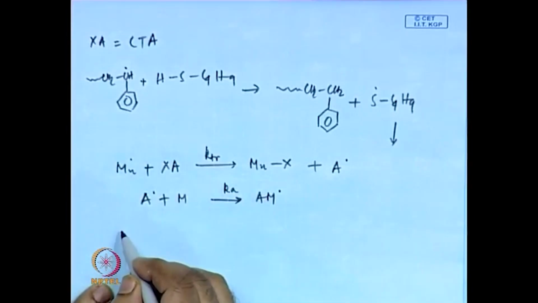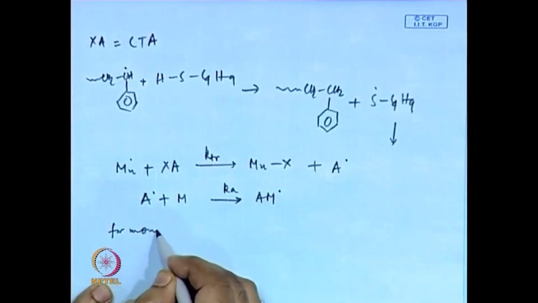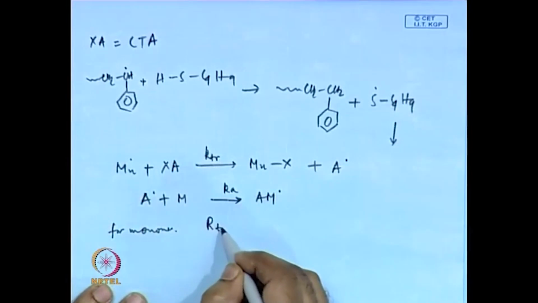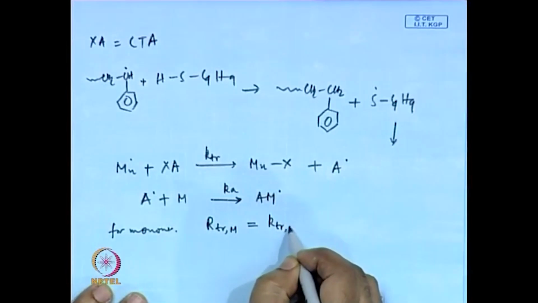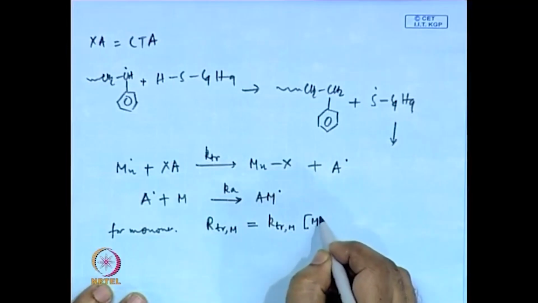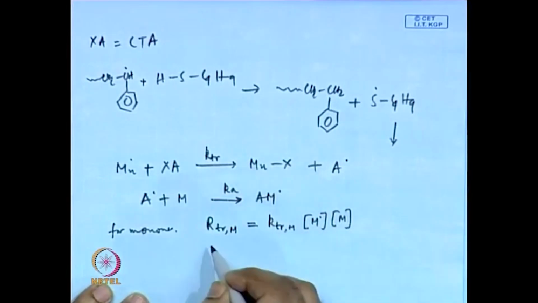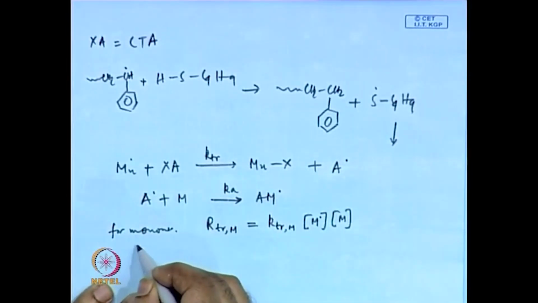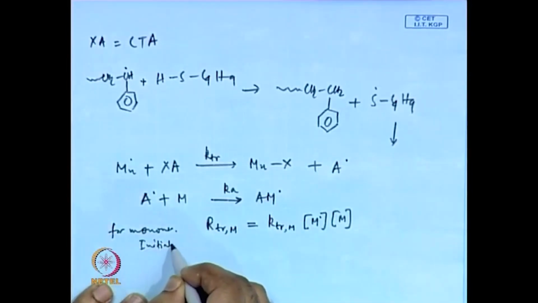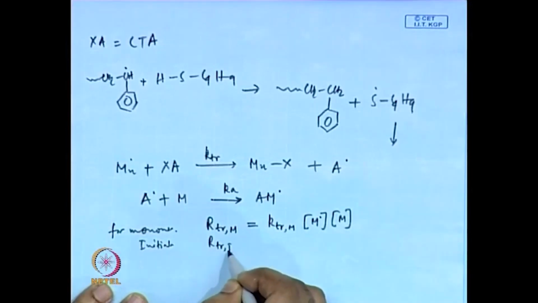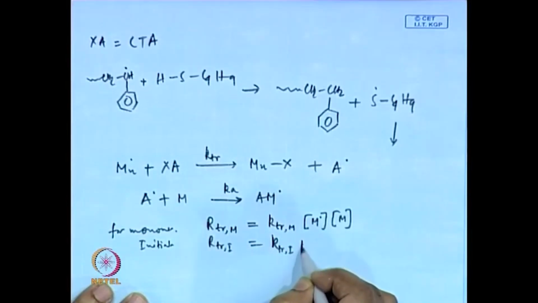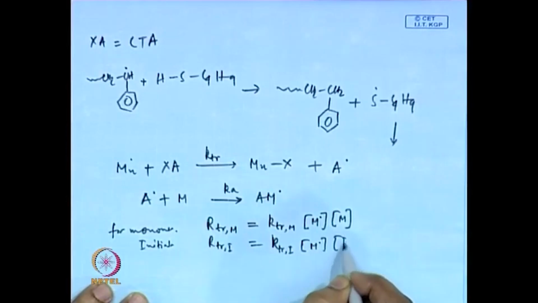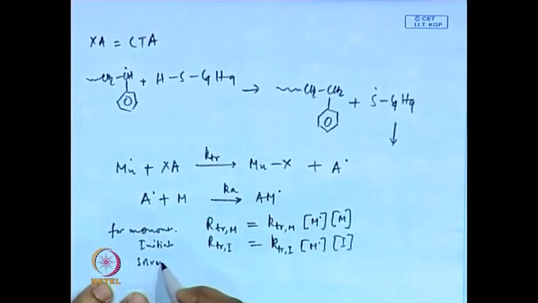So, we can write for monomer, the rate of transfer to monomer given by K transfer monomer M dot M. For initiator, we can write similarly, transfer initiator K transfer initiator M dot I. Similarly, we can write for solvent, CTA and so on.